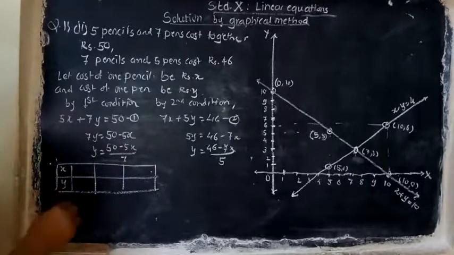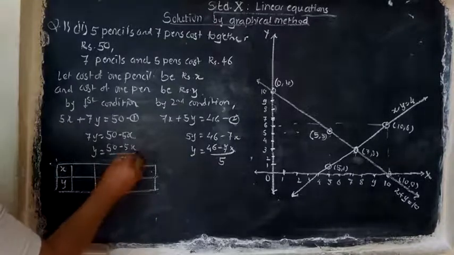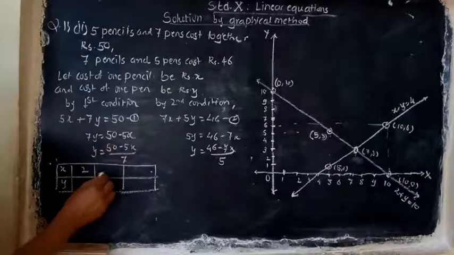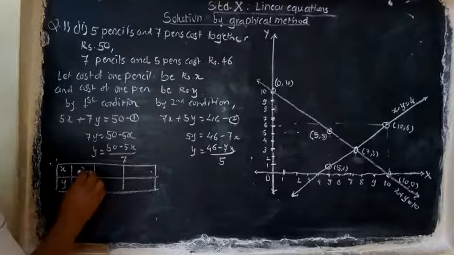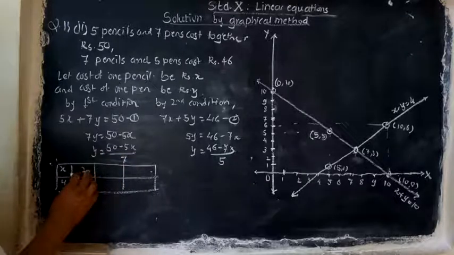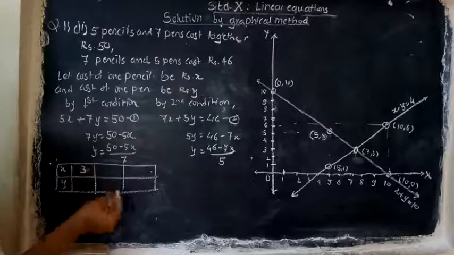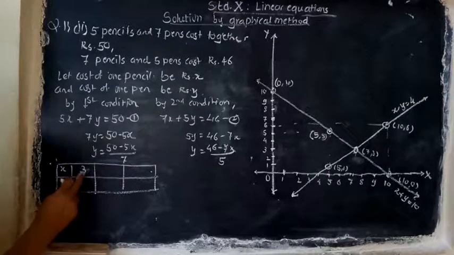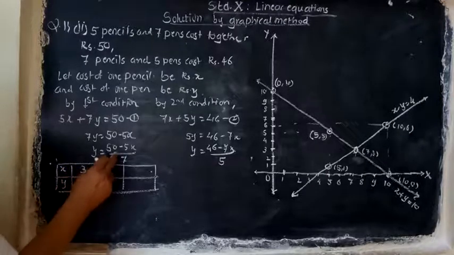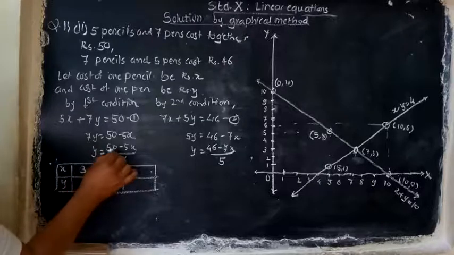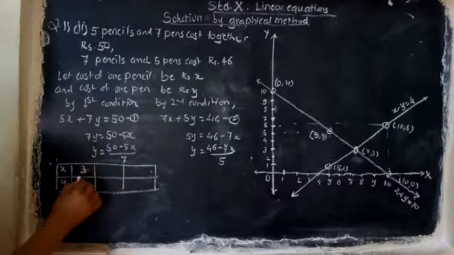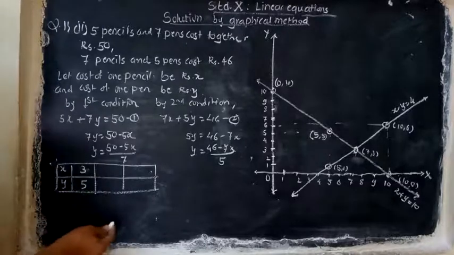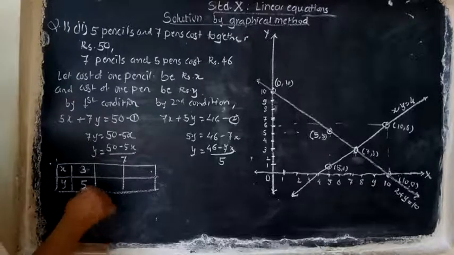If we take x is equal to 3, then y is 35 upon 7, which gives us 5.